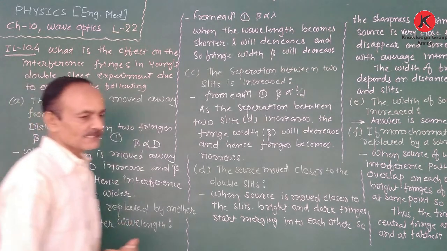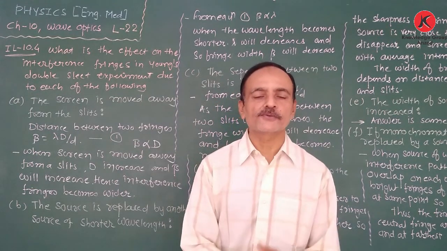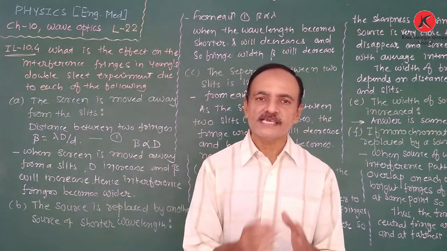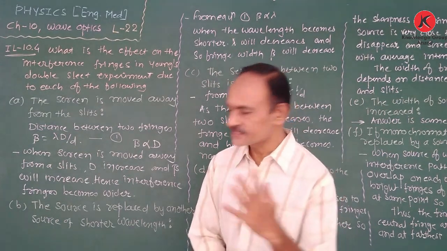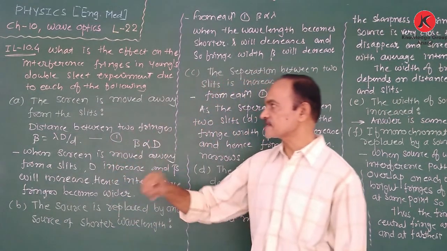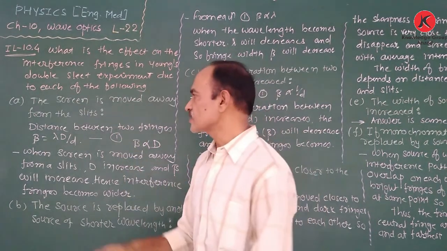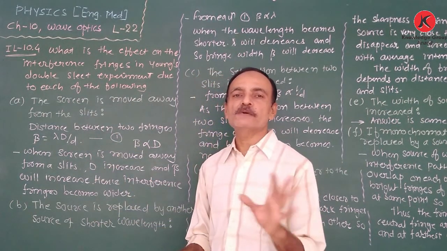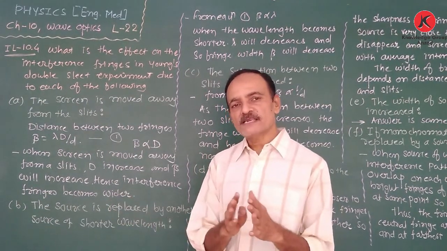That means the separation between the two fringes increases due to the increase in the distance between the slit and screen. Clear? This is the first part. As the distance between the screen and slit increases, the separation between the two fringes also increases, so the interference pattern becomes wider.